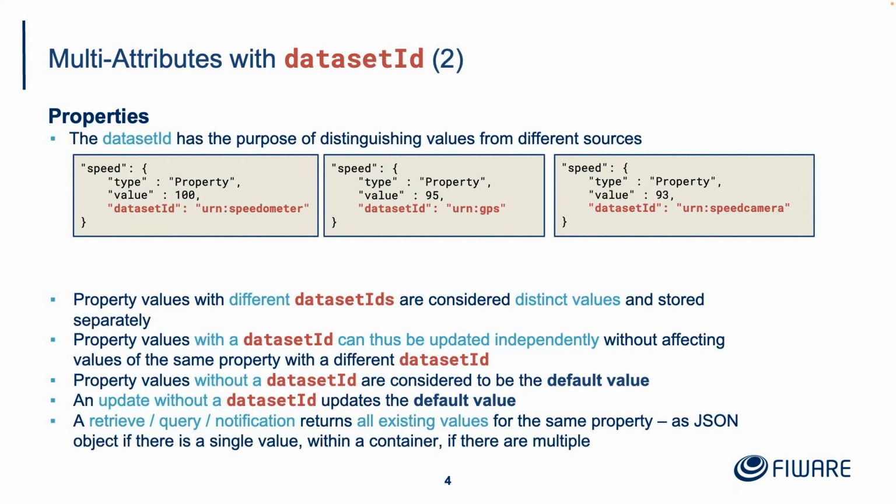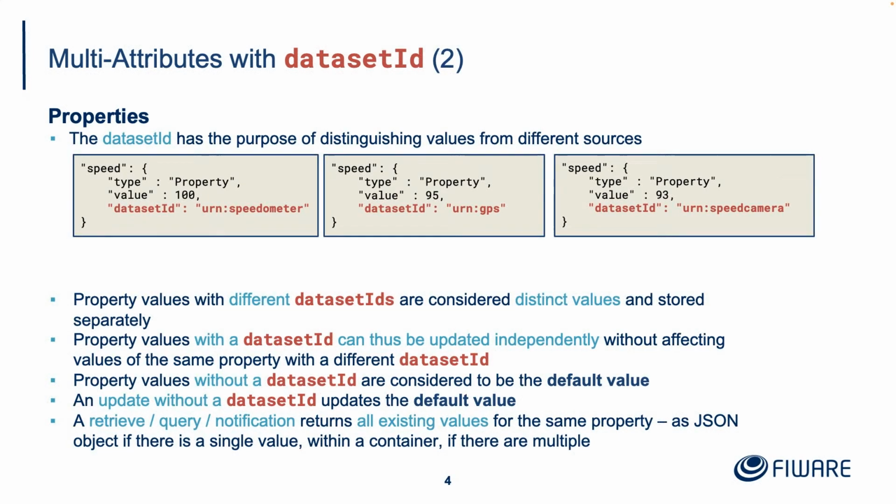When you request an entity, you can request a certain datasetId, or you can get back the lot and find out how you want to filter, because obviously whichever application is reading this information, it's up to them to work out what is most important for them.